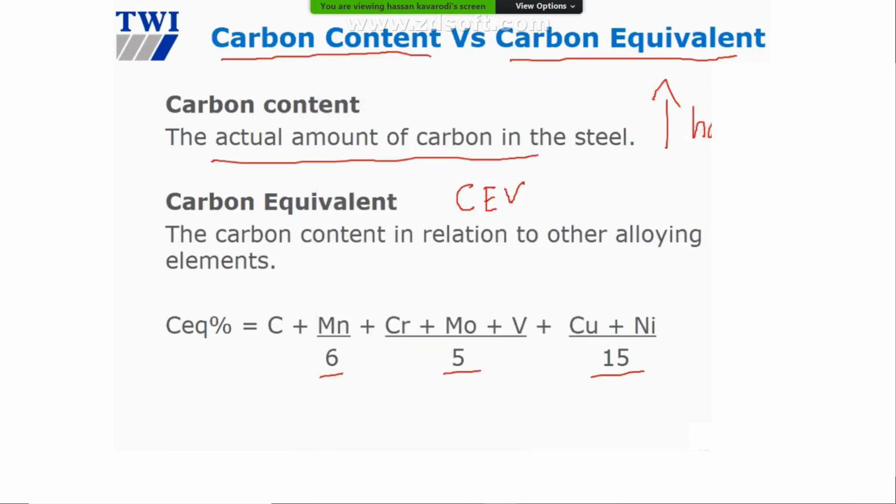Whether the question asks about carbon content or carbon equivalent, it is always related to hardness. As the percentage of carbon equivalent or carbon content increases, you always get higher hardness. So that's the thing you need to memorize a bit, but don't worry about the formula. No need to memorize it.